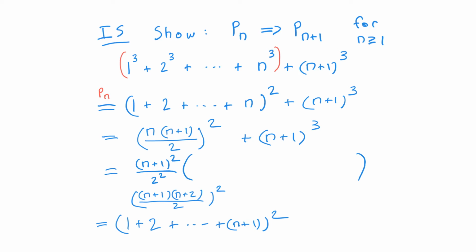In the first term, we'd have an n squared left over, and that's really it. And in the second term, we'd have an n plus 1. It was to the power 3, but we pulled two of them out, so there's an n plus 1 just to the power 1 left over. And we also pulled out a 1 over 2 squared, or 1 over 4 if you like. So in order to make sure that we've factored this correctly, we're also going to have to multiply by 4.